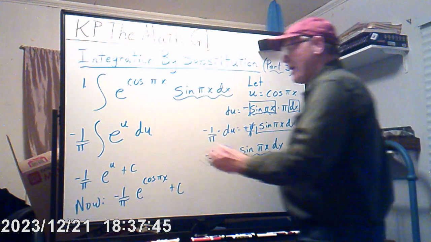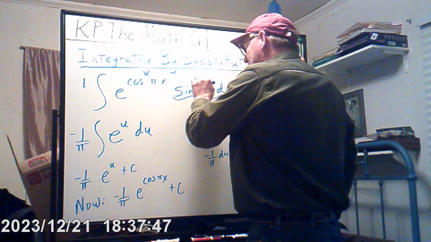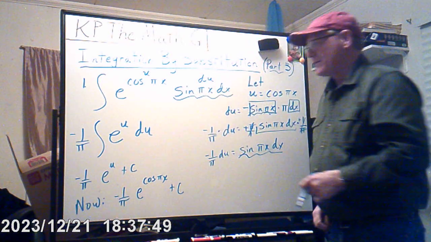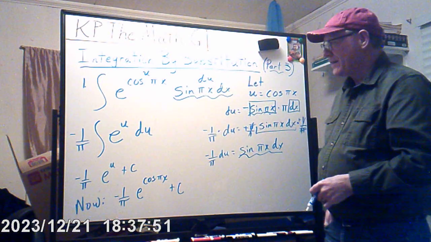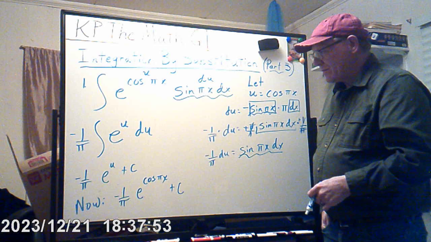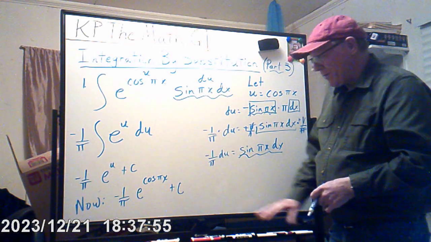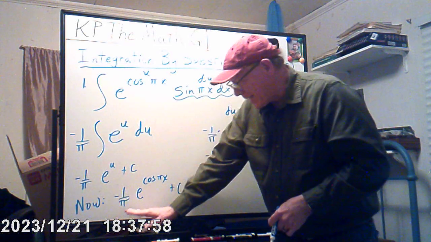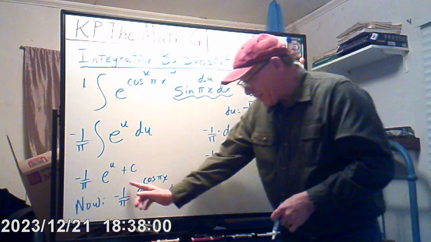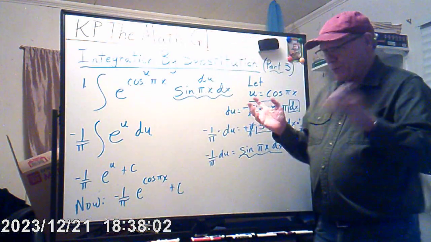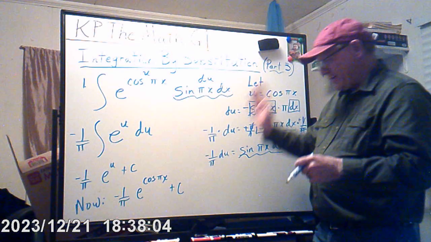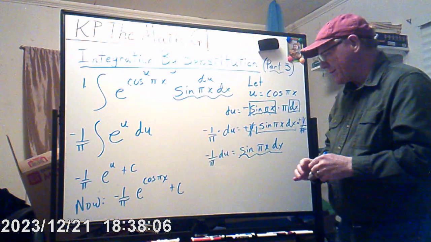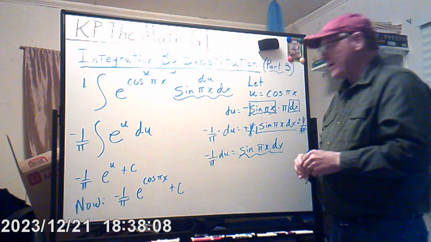What we had was e to the u du. You see that? And I didn't make the same mistake that I made last time. As weird as that answer may be, that is the final answer here.